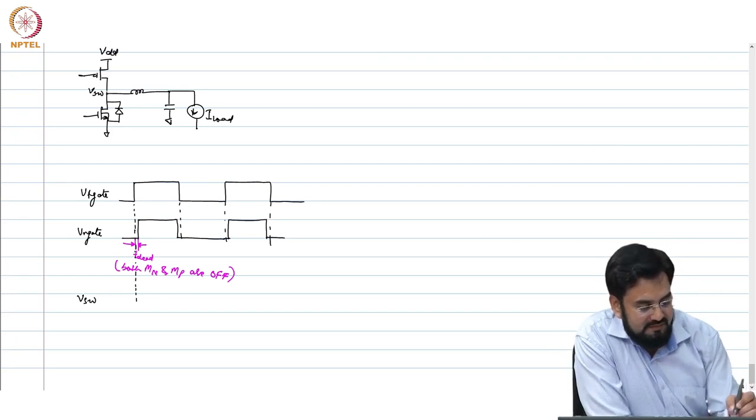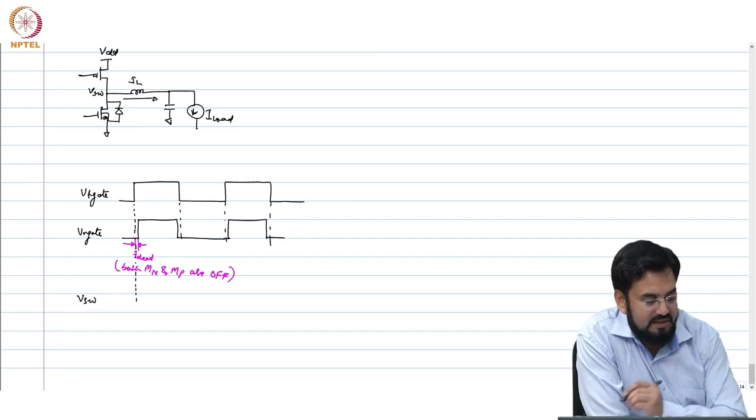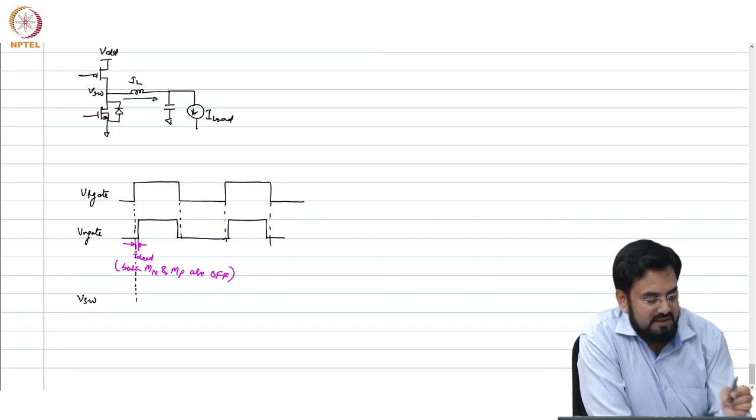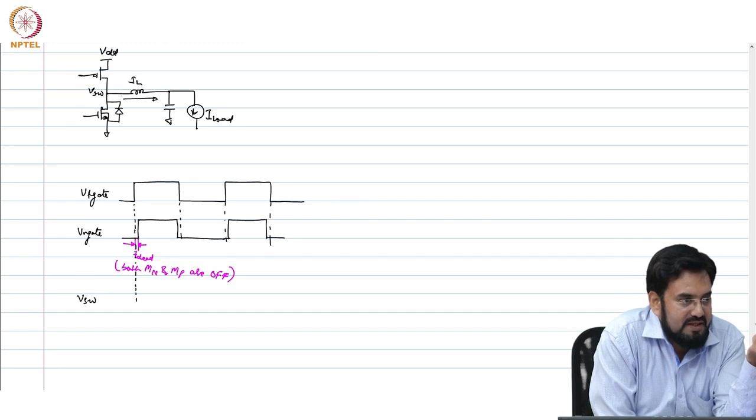So this is going negative. IL, current is flowing in this direction. During that time, current will keep flowing. This will go negative. So the moment it goes below the diode forward voltage, this diode will conduct, minus 0.7. So it will get clamped at minus 0.7.